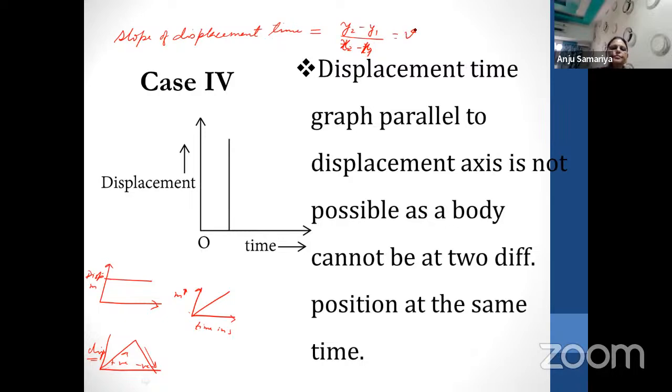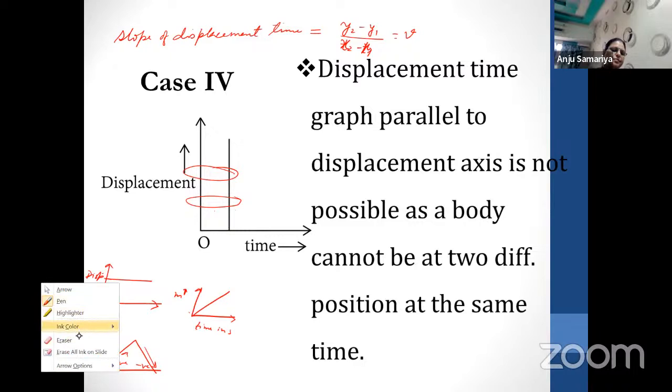Velocity. Slope of the graph, you get the velocity. This graph is not possible because a body cannot be at two positions at the same time. Time is not changing and the positions are changing. All clear, this part?